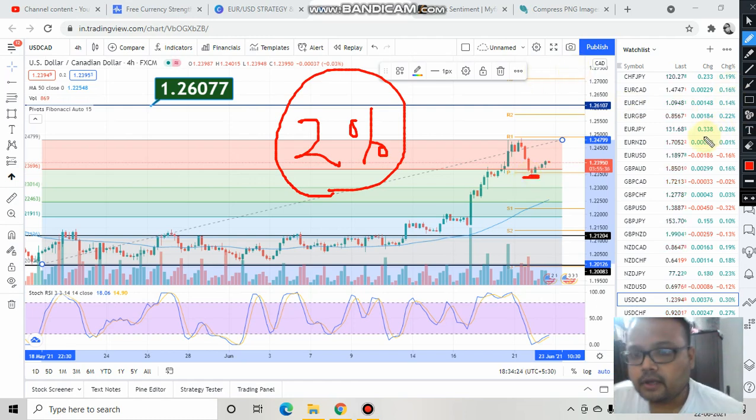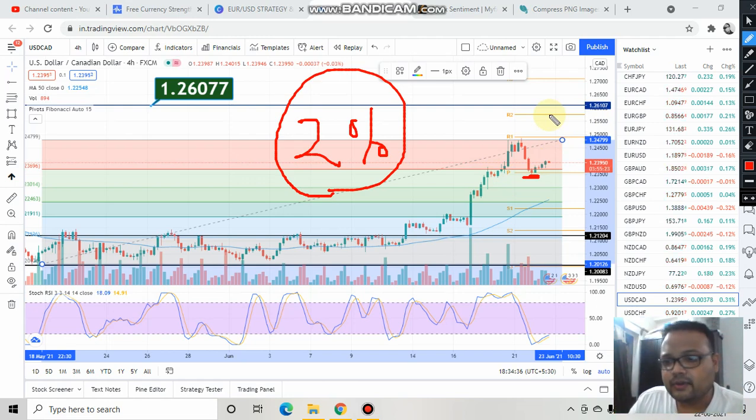Because if we consider all these factors, it seems that the market may go up right now, but there is not much volatility in the market. As we all know, the market is dull this week. I have already clearly mentioned in all of my videos that the volatility of the market always shifts from high to low.